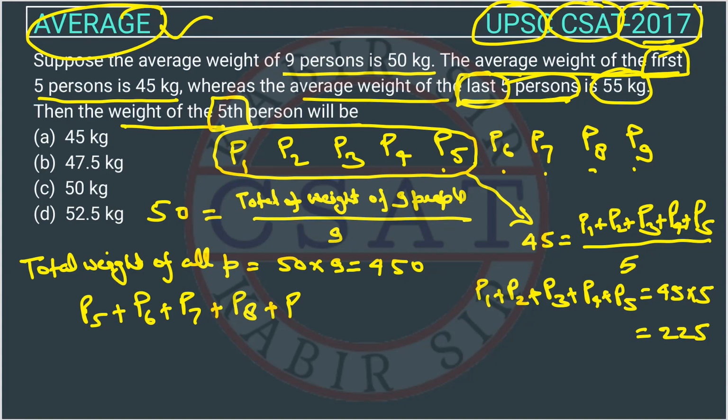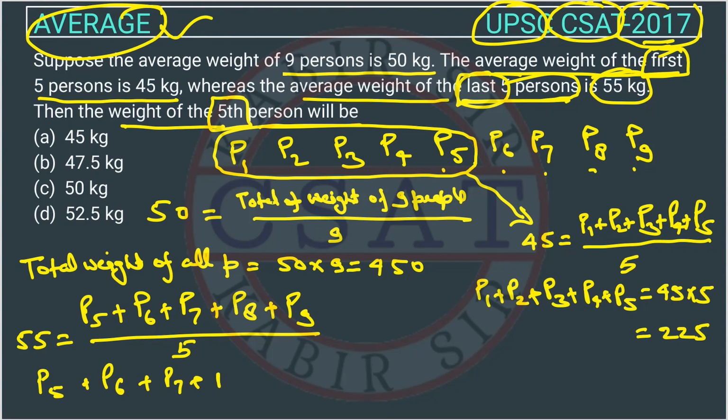Their average weight is also given, equal to 55 kg. So from here we can get the total weight of these people. P5 plus P6 plus P7 plus P8 plus P9 equals 55 into 5, which is equal to 275.